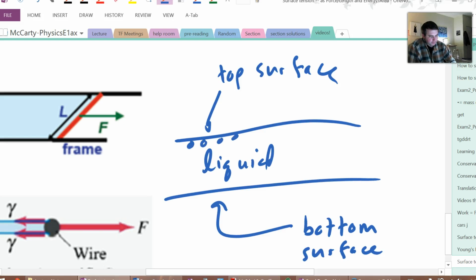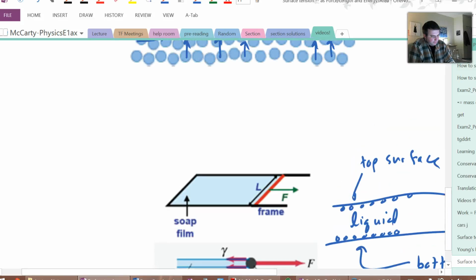So there are molecules on the top here, and there are molecules on the bottom. And this film, although it looks very, very thin to the eye, actually has some liquid in the middle, which has all these attractive interactions, and a top and bottom surface that tend to resist change to the shape of the film on the top and bottom surfaces.